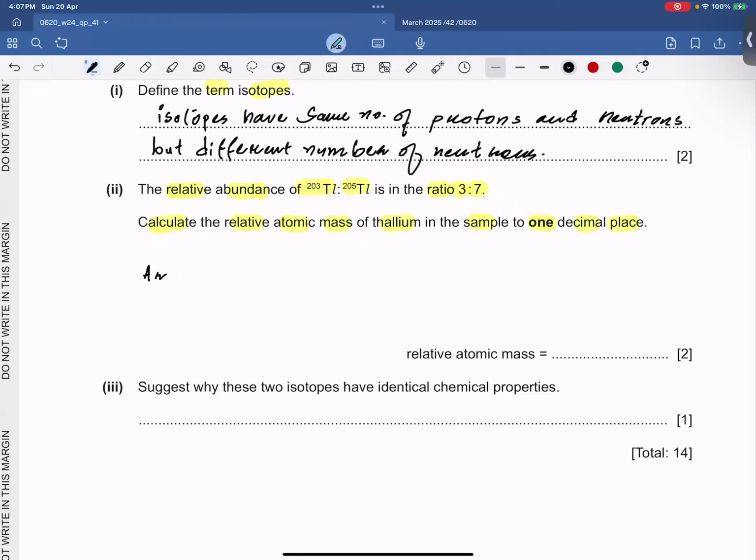So Ar of thallium. Thallium has a symbol of Tl. Mass of first isotope is 203. Abundance of first isotope is 3. Plus mass of second isotope is 205. Abundance of second isotope is 7. Divided by total abundance. So 7 plus 3 becomes 10. So 203 times 3 plus 205 times 7. Oh, my bad.